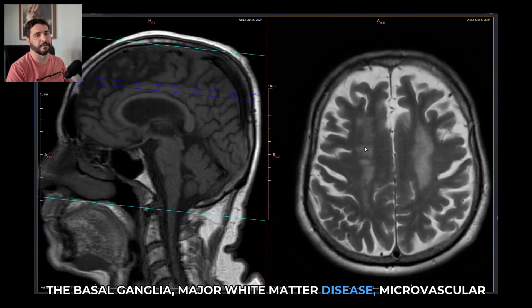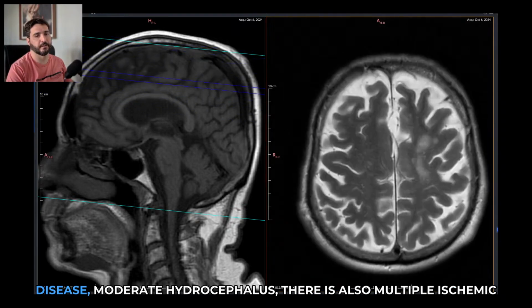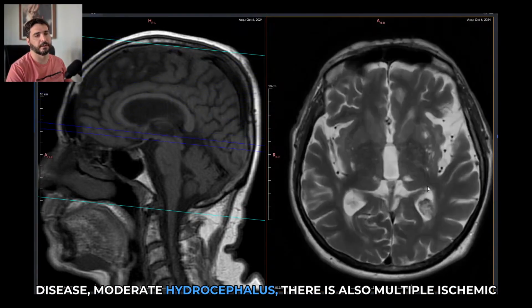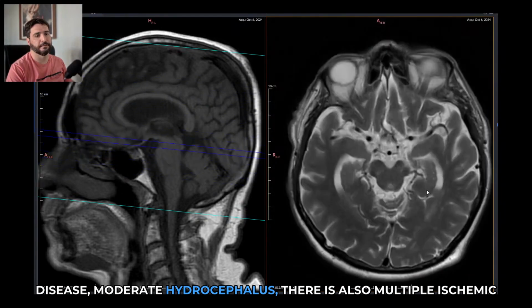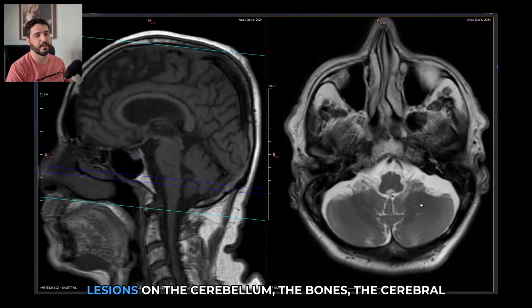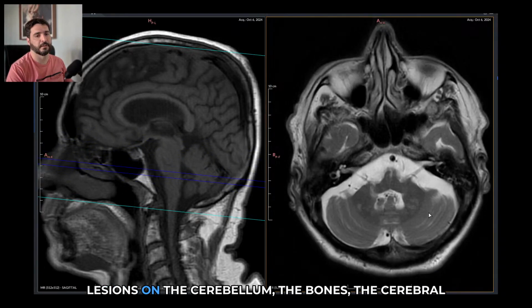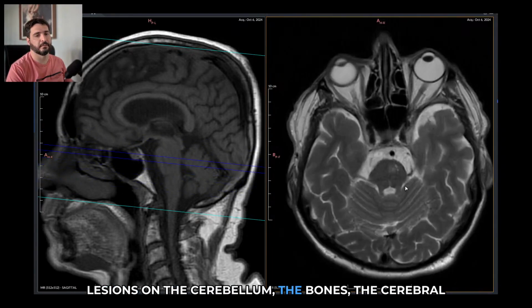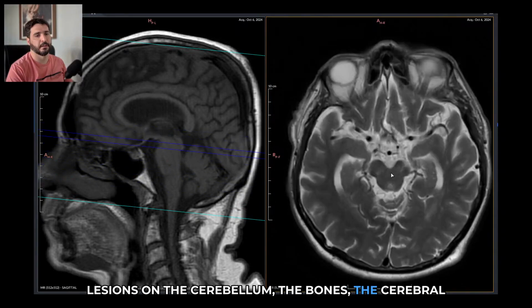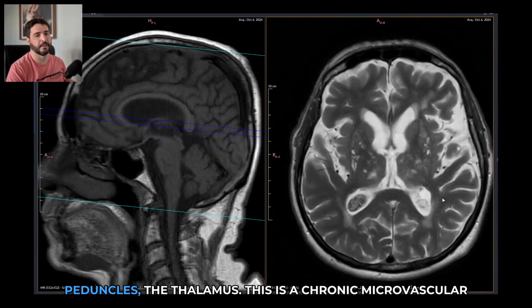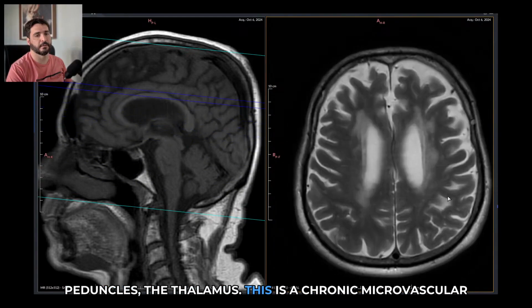Major white matter disease, microvascular disease, moderate hydrocephalus. There are also multiple ischemic lesions on the cerebellum, the pons, the cerebral peduncles, the thalamus.